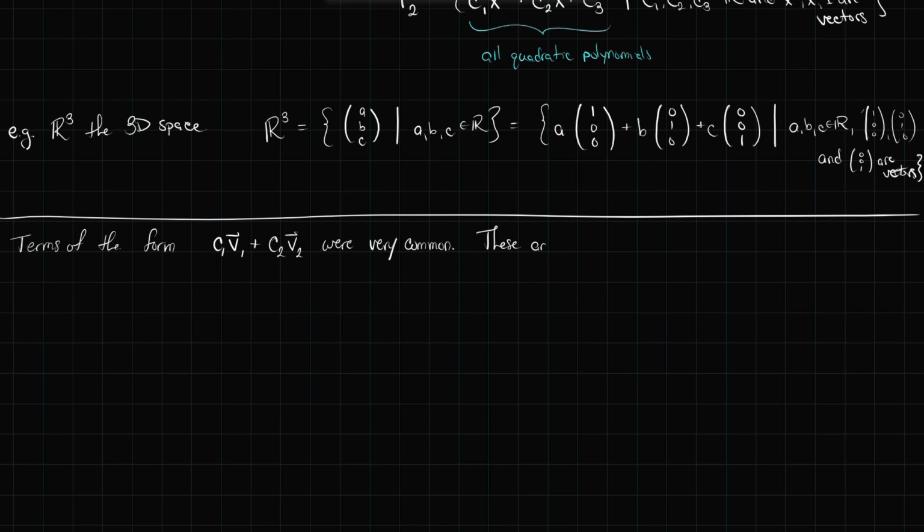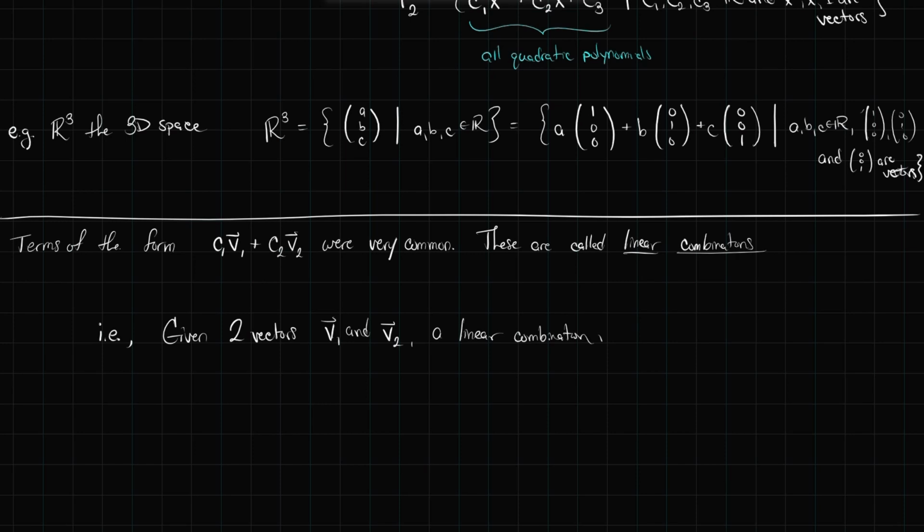These are called linear combinations. That is to say, i.e., given two vectors, v1 and v2, a linear combination is a third vector of the form c1 v1 plus c2 v2.